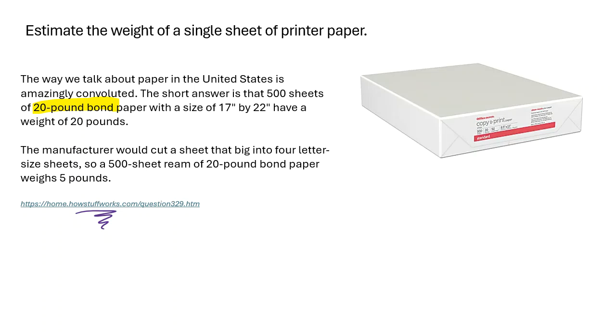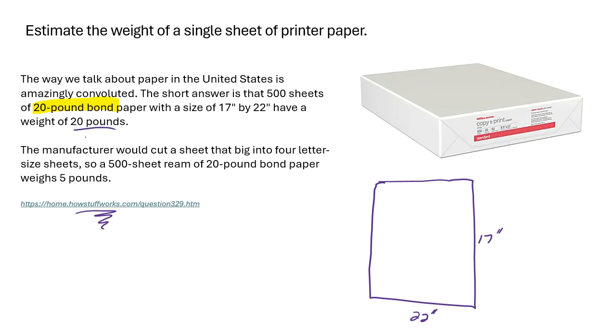I learned this today. The way we talk about paper in the United States is amazingly convoluted. The short answer is that 500 sheets of a 20-pound bond paper with a size of 17 by 22, and that's pretty big, bigger than our normal size paper, if I have 500 sheets of that, it weighs 20 pounds. That's why it's called 20-pound bond.